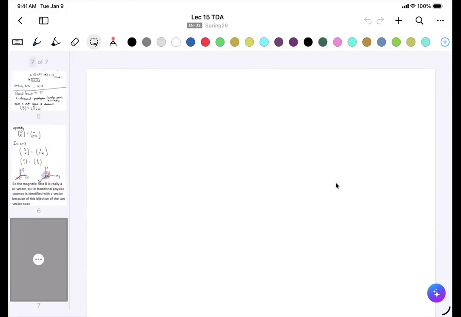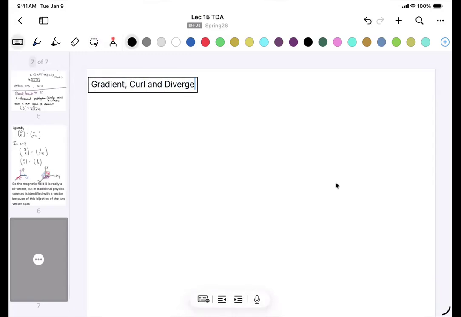The idea is that the gradient, the curl, and the divergence can all be summarized by a single formula using the wedge product, which is insane. So I'll show you how the gradient, the curl, and the divergence look from the perspective of this wedge product.